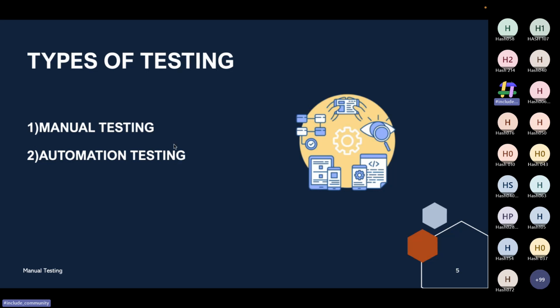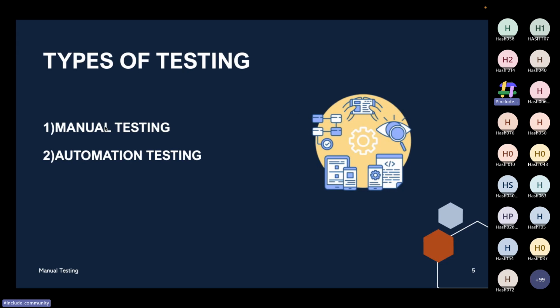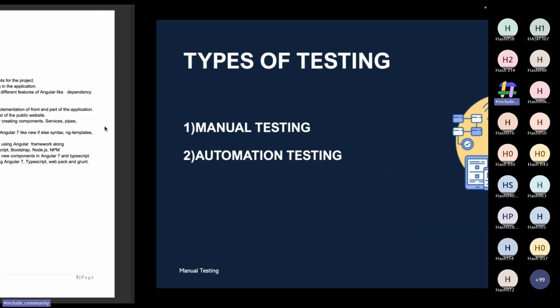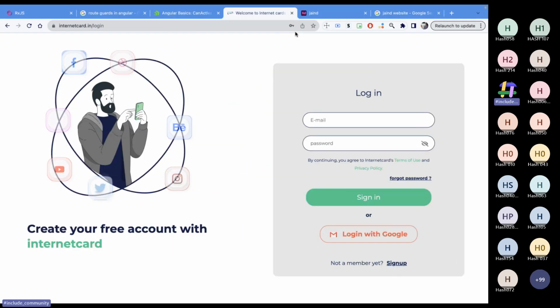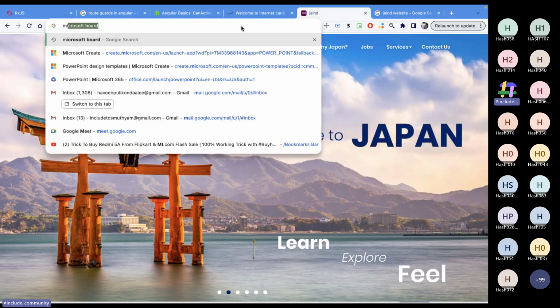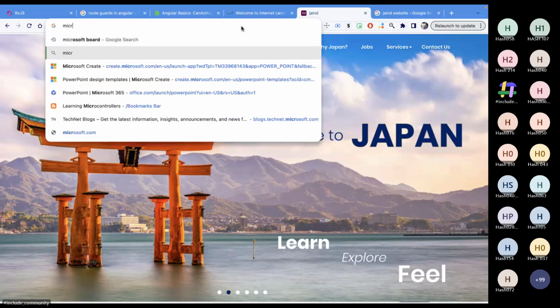And when it comes to automation testing, here we have three steps in manual testing. I'll show you that part. Okay, so I need a whiteboard. Let me take this.